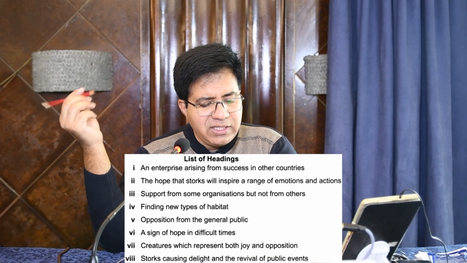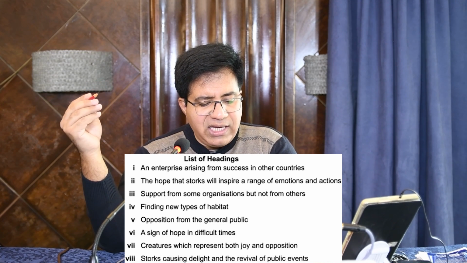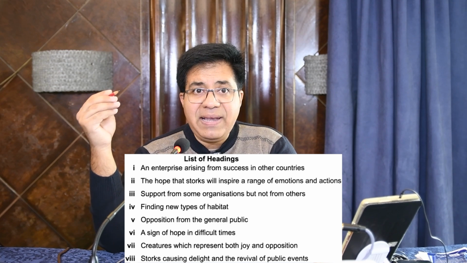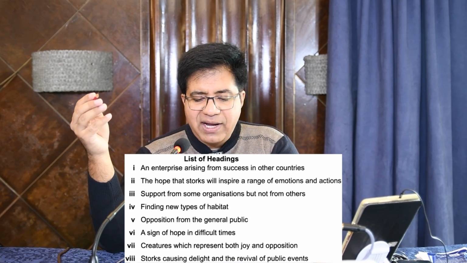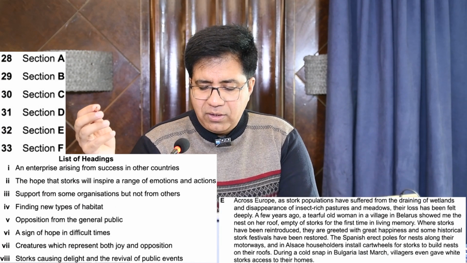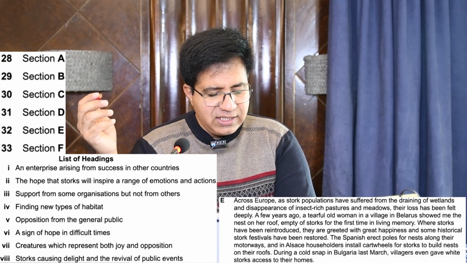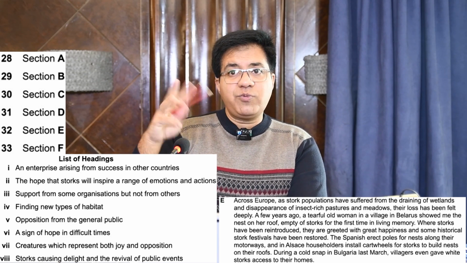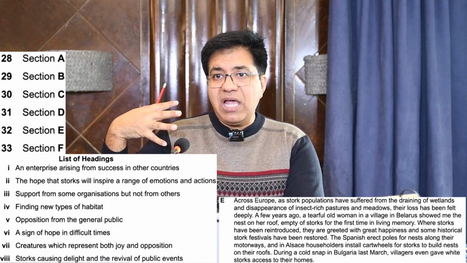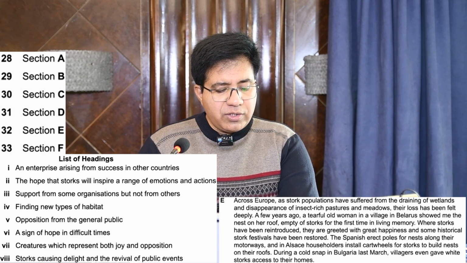And heading number 8, storks causing delight and the revival of public events. If you remember, festival, right? So which paragraph was that? Okay, we'll just look for that and see which one is the right one. Yeah, that's the E paragraph. So 2 questions we have already answered because we are familiar with the passage.